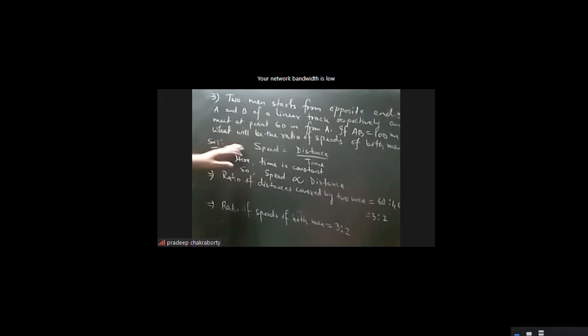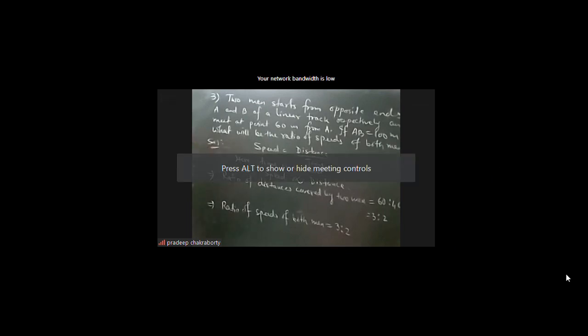So this type of question may also come. Okay, speed is distance by time, but the time is constant, so speed is directly proportional to distance. So what is the ratio of the distance covered?